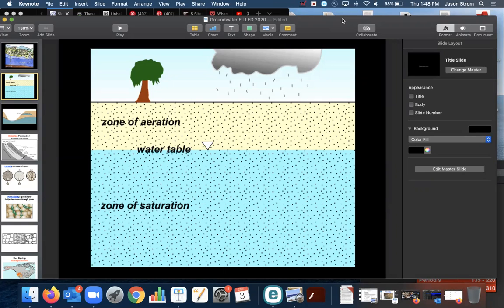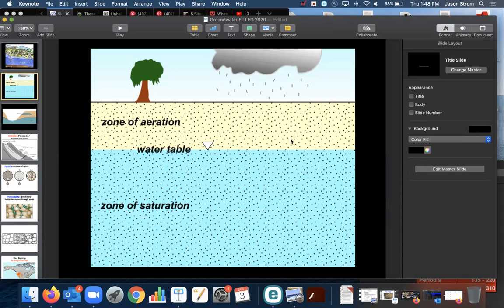So they turn on the water and nothing comes out because there's no water to pull up. So then they have to have a company come out and they drill deeper to get a deeper well to get back into that zone of saturation. So the fact that the water table moves around a lot, or can rise and fall, it's something to remember.